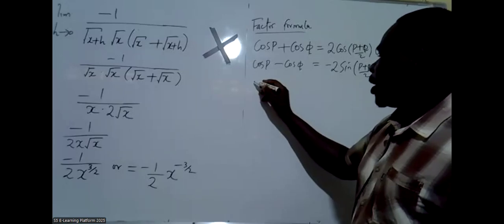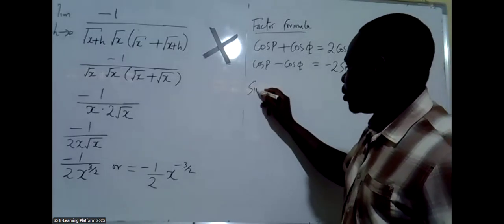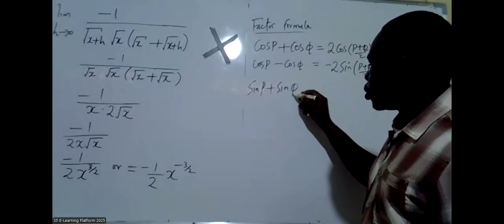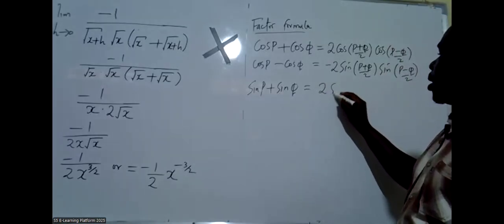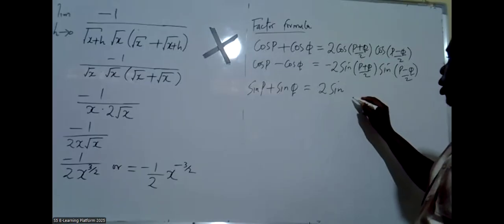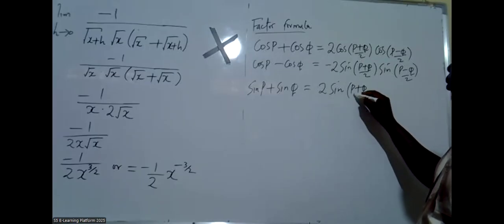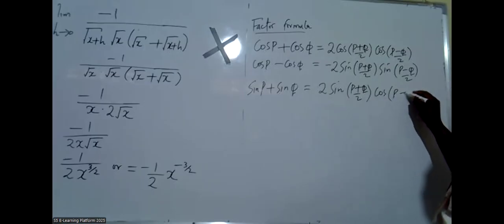We also looked at a sum of 2 sines, sine P plus sine Q. And we said that gives us a 2 sine cos. The first angle, add P plus Q, divide by 2, then cosine of P minus Q divided by 2.